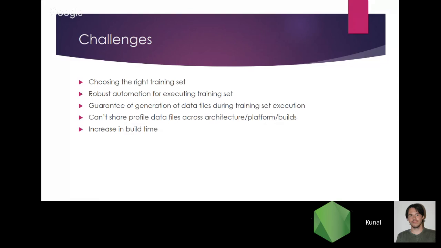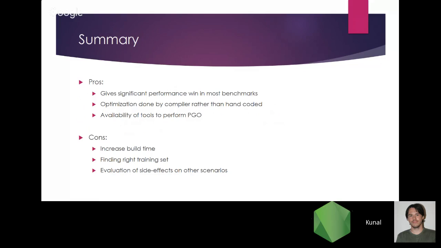So that brings us to the last challenge, which is that the build time will increase. It will be twice plus the time spent running the training set. So again, the summary is that there is a significant performance win in most of the benchmarks, at least what I experienced.